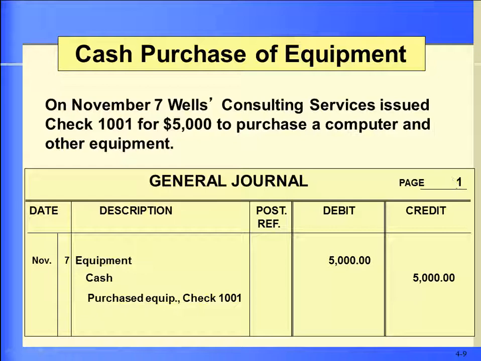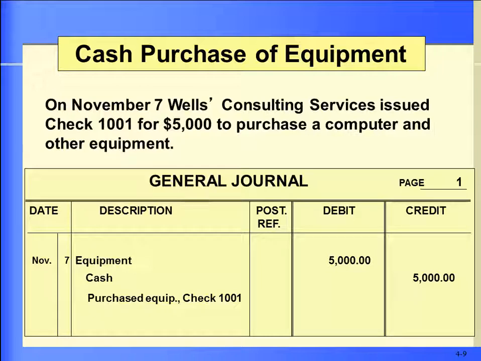So here's a second transaction, purchase of equipment. They issued a check of the company's money to purchase $5,000 of equipment. So we're decreasing cash and we're increasing an asset. So think of the accounting equation. That whole accounting equation was just to give you a mental visual of what's going on.